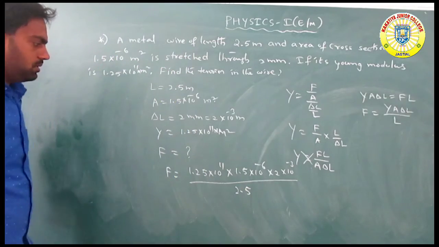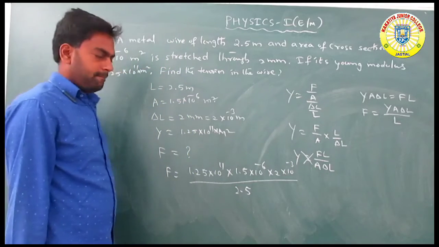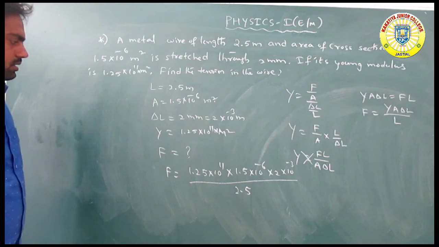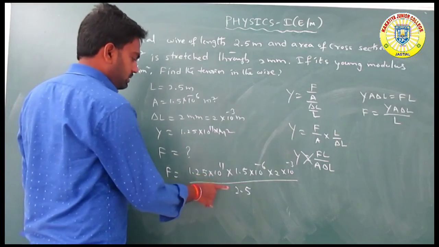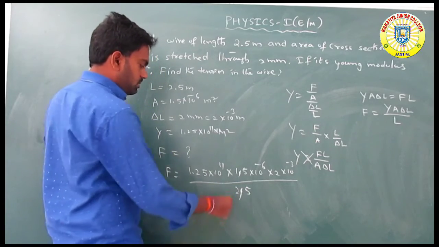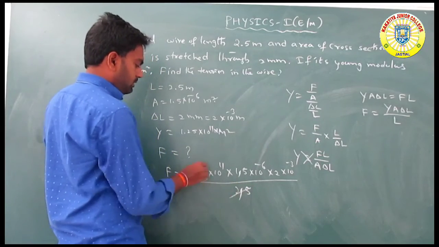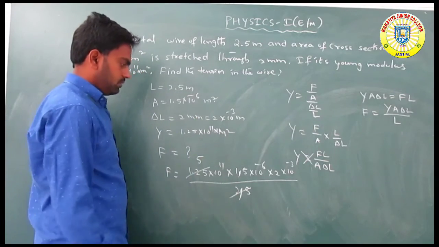Here in this equation, 6 plus 3 is 9, so the power becomes 10^11 minus 9, and the decimal points are taken outside and cancelled. So 25 × 5 is 125.